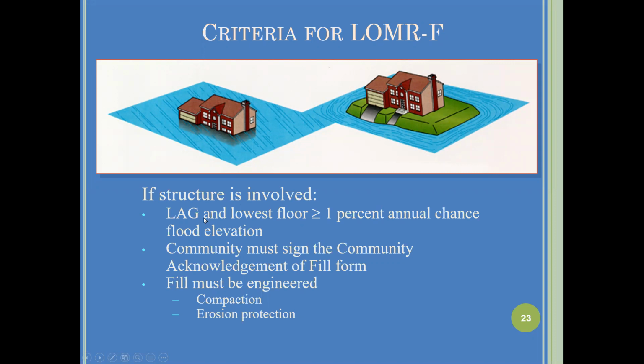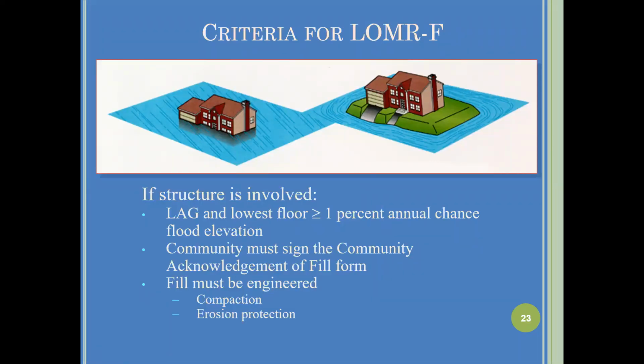It's if the lowest adjacent grade is equal to or greater than the base flood elevation, the LOMA or the LOMR-F, the structure will be removed from the floodplain. We don't look at the lowest floor. So that needs to be updated.